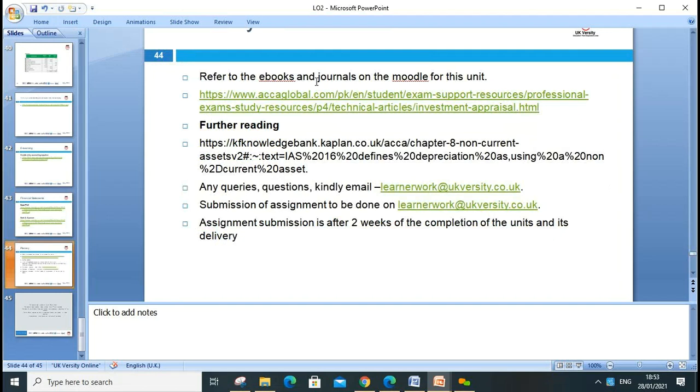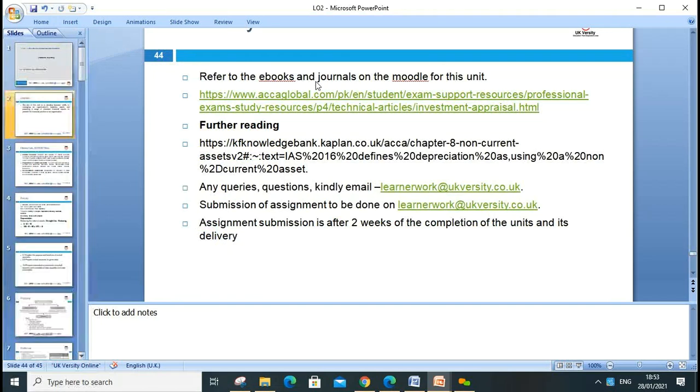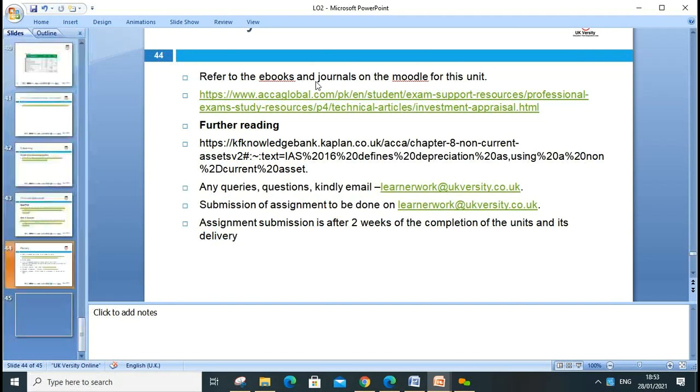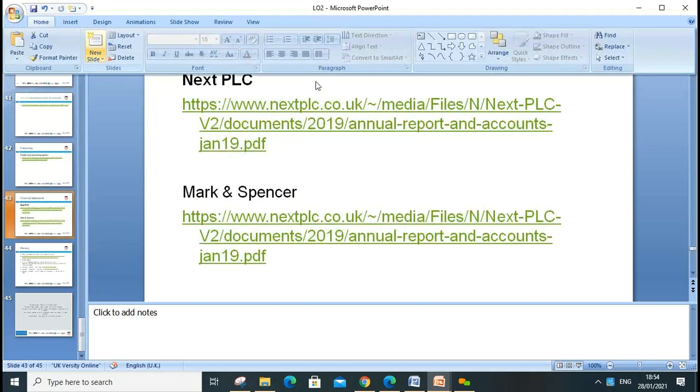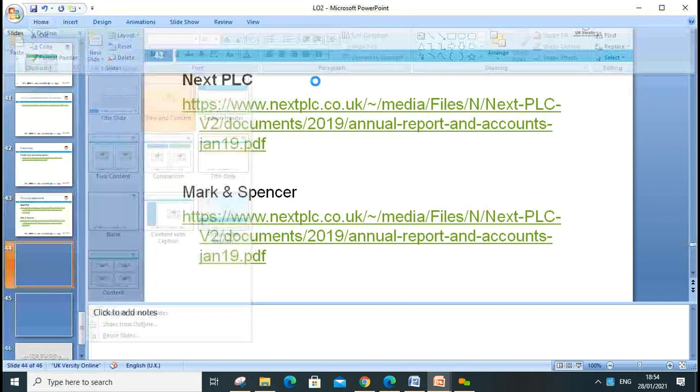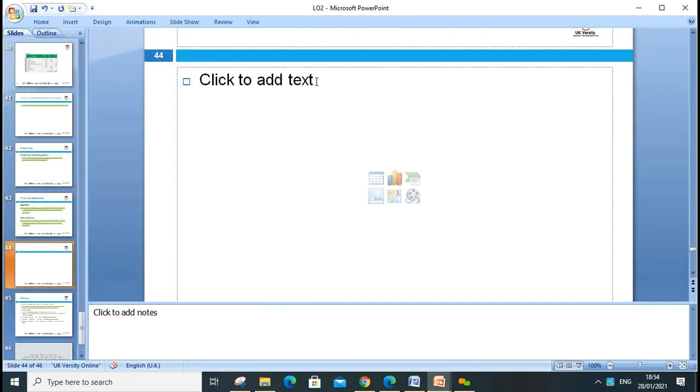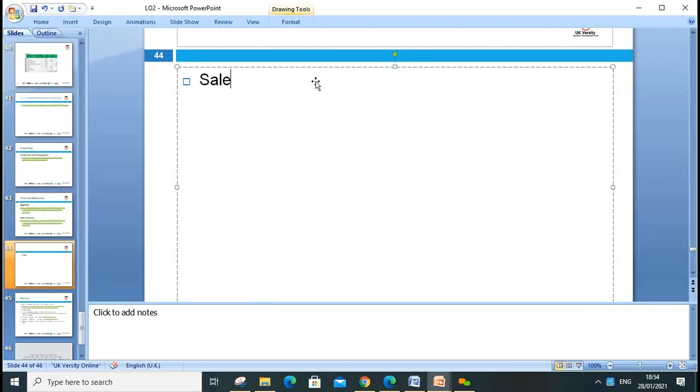Okay. So guys, in today's lesson, let's quickly recap what we learned. We discussed control accounts. The key control account is the sales ledger control account, which is also known as trade receivables, and also called debtors.